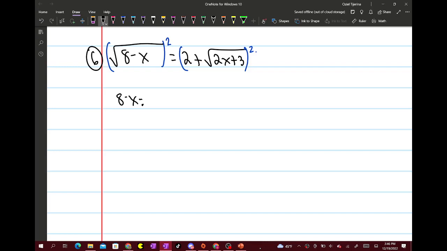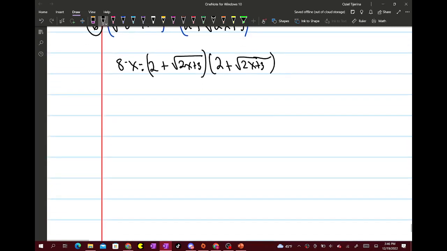So then it would be 2 plus the square root of 2x plus 3, times 2 plus the square root of 2x plus 3. You would do the FOIL method with this, and let me write it a little bit better.